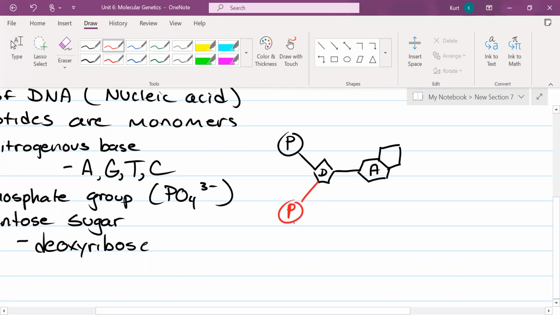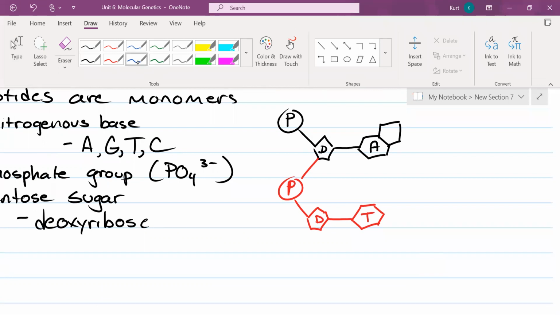So check this out. Here's another nucleotide. So let's say that's thymine. Now I have 2 nucleotides, okay? Here's another one.